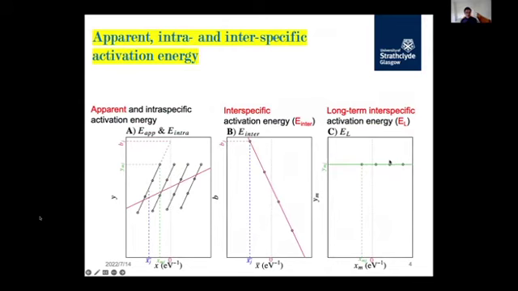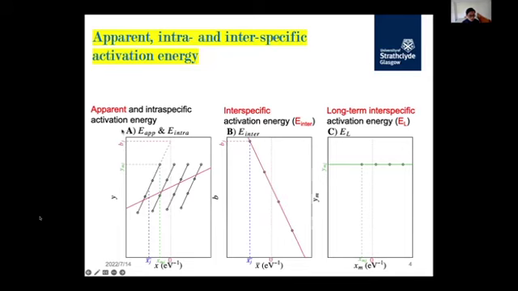Recently, people have realized the importance of thermal adaptation, which gives the distinction between the apparent activation energy, the intraspecific activation energy, and the interspecific activation energy. Most people, when they calculate the apparent activation energy, just put the data together and run a linear regression.